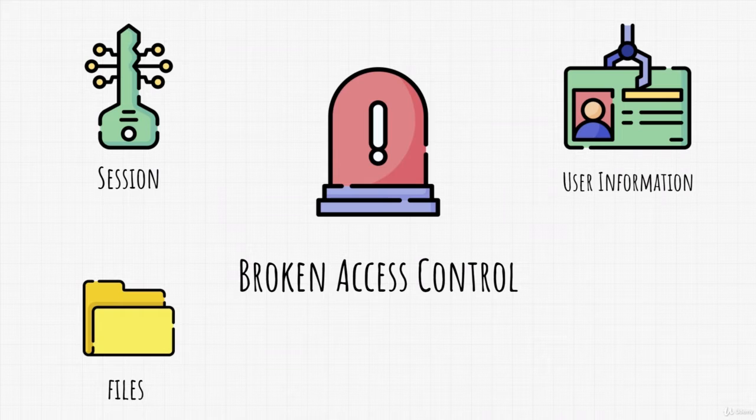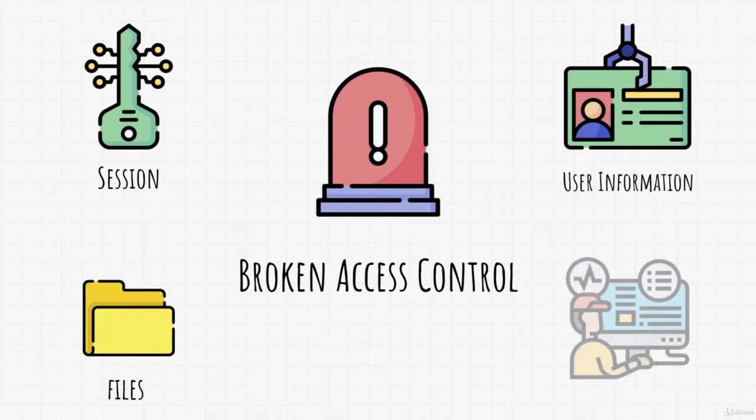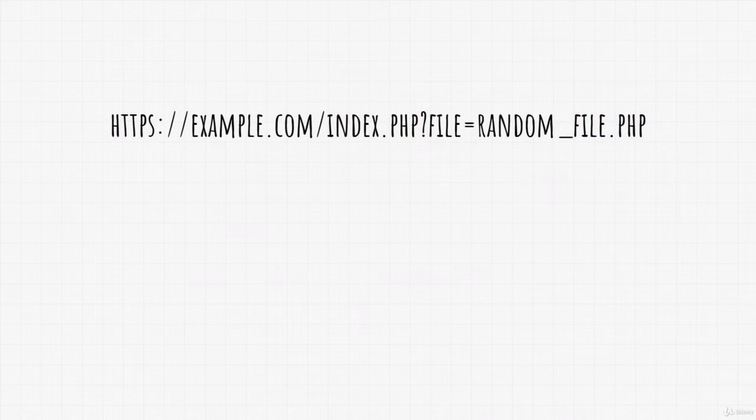Now, all of this is once again due to developers' mistakes. If the access control is not implemented properly, then you might have a broken access control vulnerability. And it could look something like this. Let's say we have a random site that has a function to choose a file and perhaps download it on your machine.